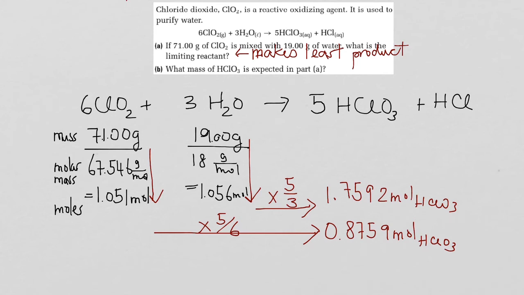Okay, so a reminder that we have moles of water and we had moles of ClO2, but once you multiply by the mole ratio, these numbers are not about water, nor are they about ClO2. These numbers are now about HClO3, or chloric acid, right?